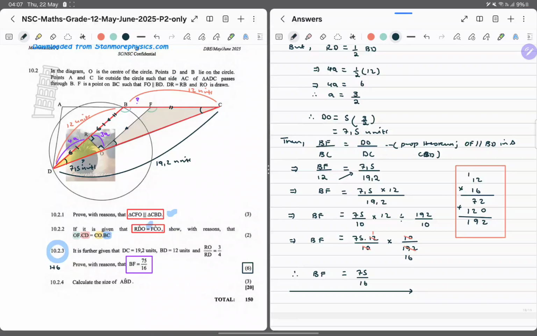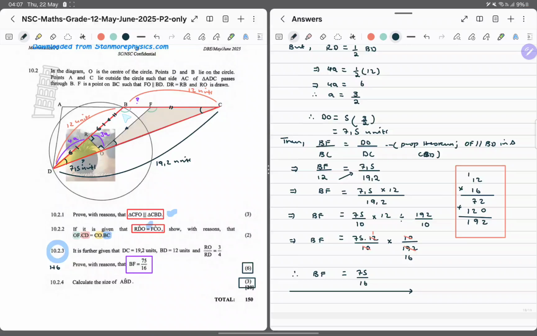It's done. Okay, I need to calculate the size of ABD. This is 3 marks, so probably not a big deal. So how do we get ABD?